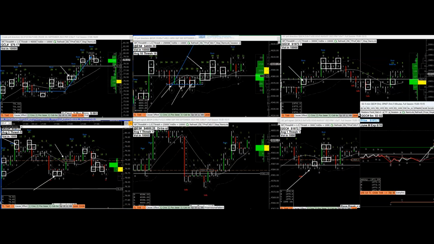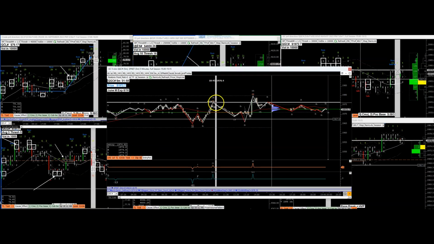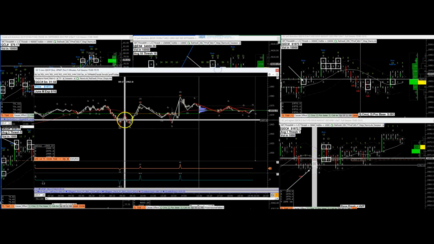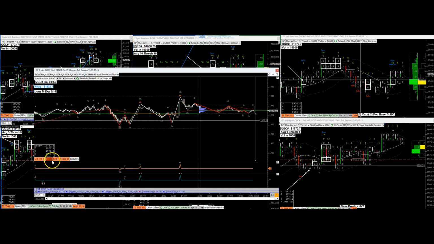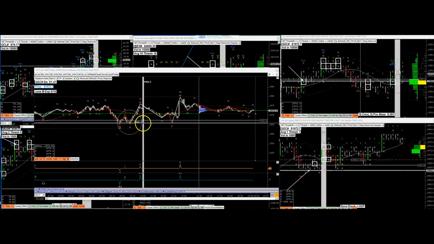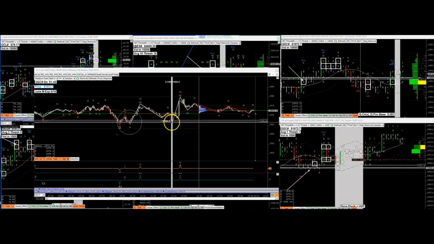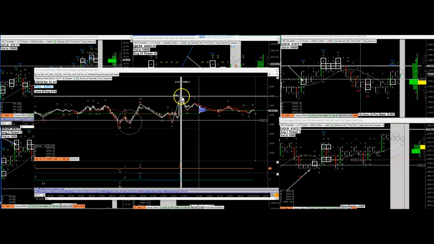How did this look? You can see what happened. Bang, right? So there's the accumulation happening here in the double bottom. Accumulate, accumulate, accumulate, boom, breakout, pull back to test, all of that, and then it had a little move.